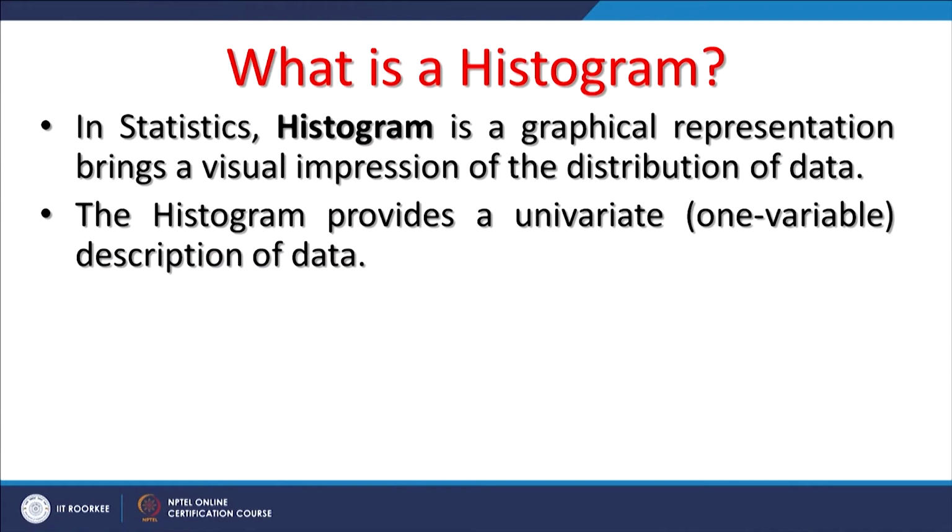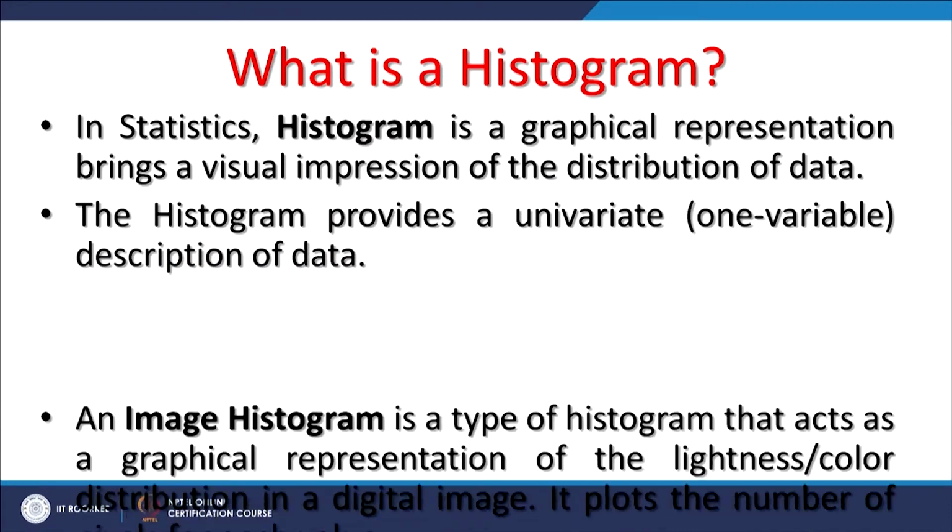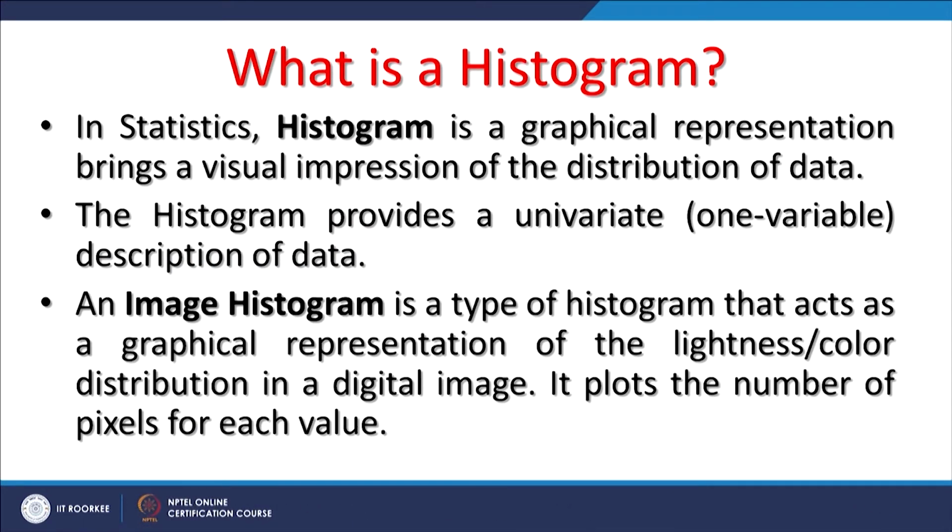So, histograms provide a univariate view, because we have histograms of individual bands or individual images. If we want to see the histogram of two, then it would be bivariate, and multivariate is also possible. So, it is a one-variable description of how data is distributed, and it also tells the quality of an image taken by a sensor.